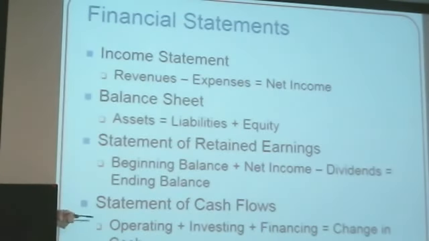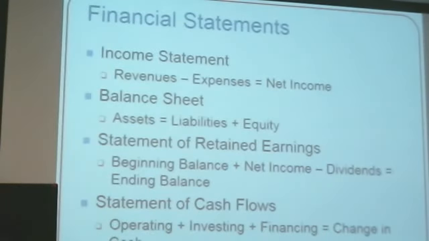And finally, the one we've talked the least about, the statement of cash flows, is all of your operating cash flows, investing cash flows, and financing cash flows. Those equal the change in your cash balance from last year to this year. So you just need to know the components.